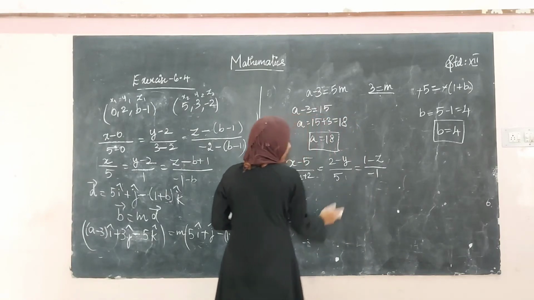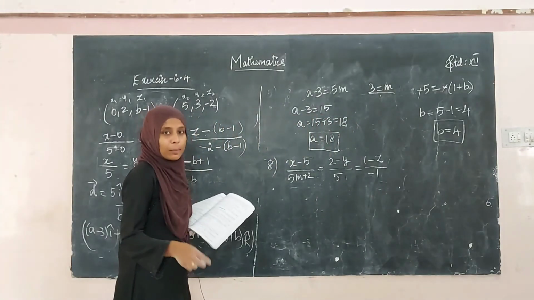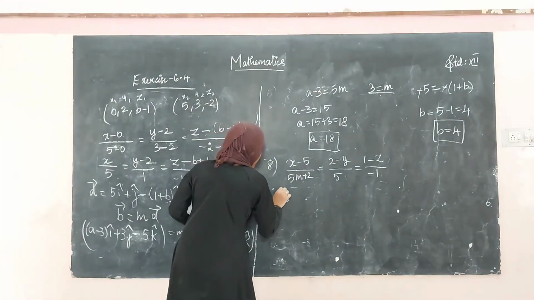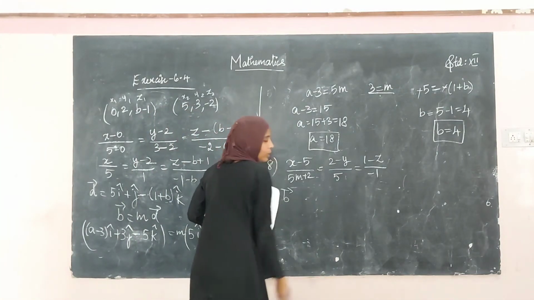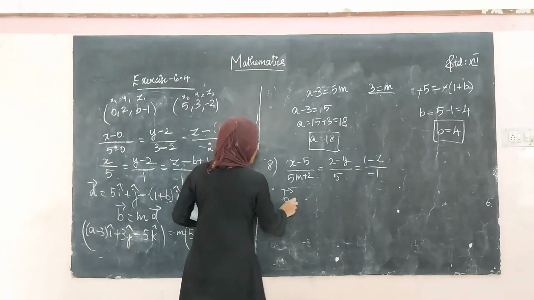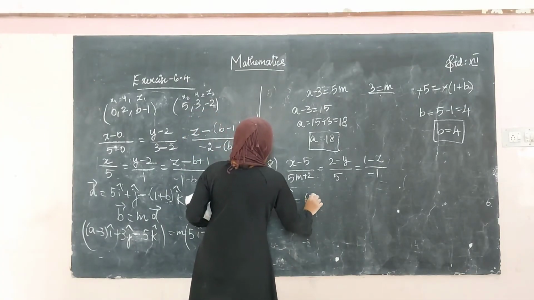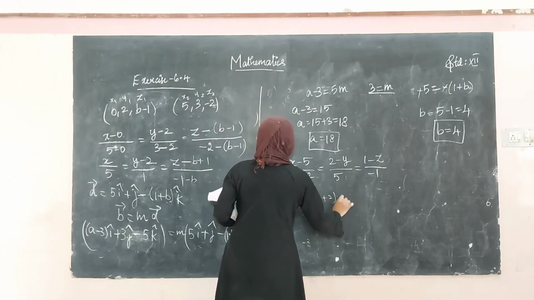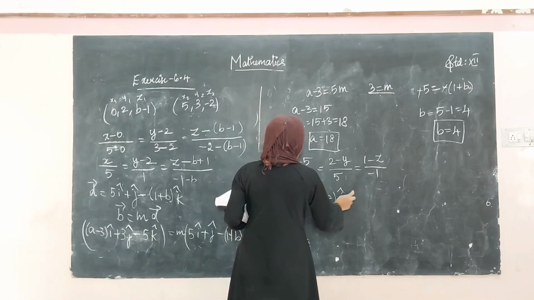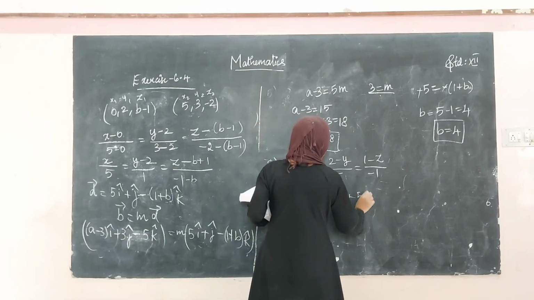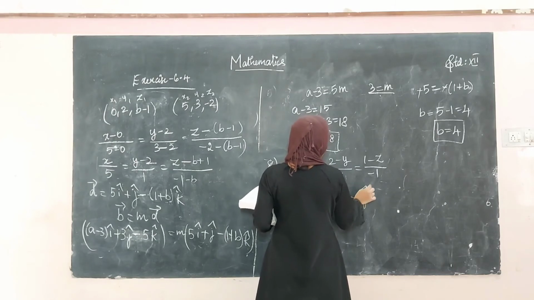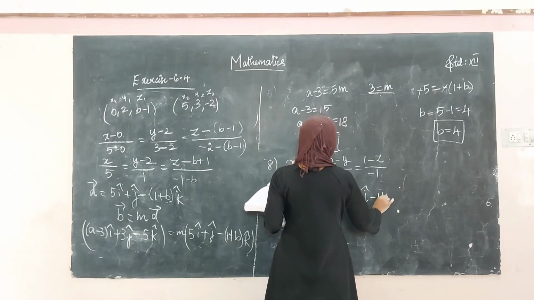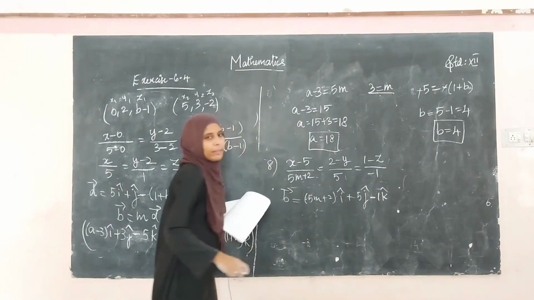From this line equation we can take the b vector. This is b1, b2, b3. Using that you have to write the b vector: b1 into i cap, b1 here is 5m plus 2, plus b2 into j cap, b2 is 5, plus b3 into k cap, b3 is minus 1. So from this we got the b vector.